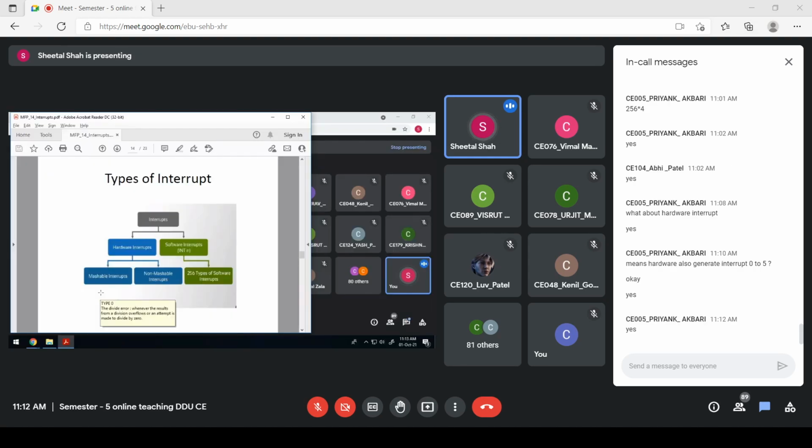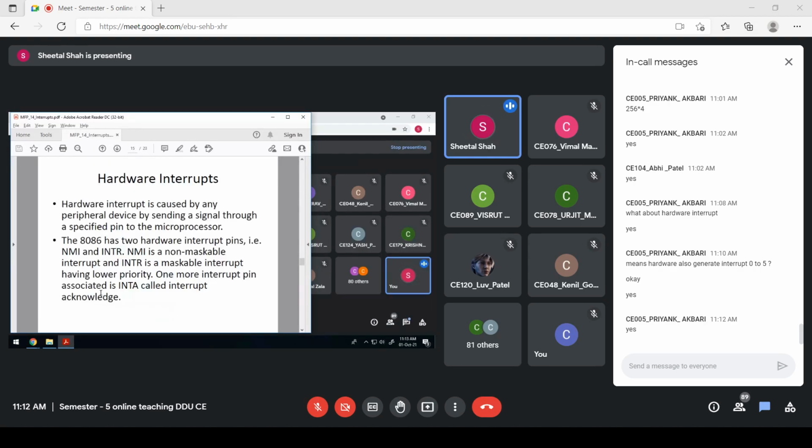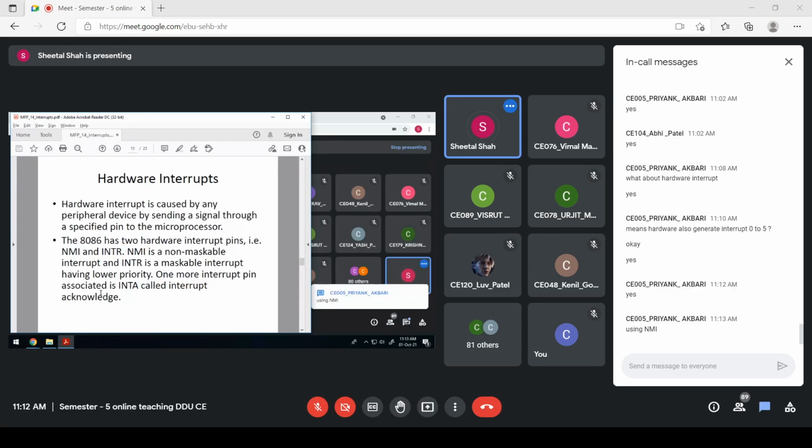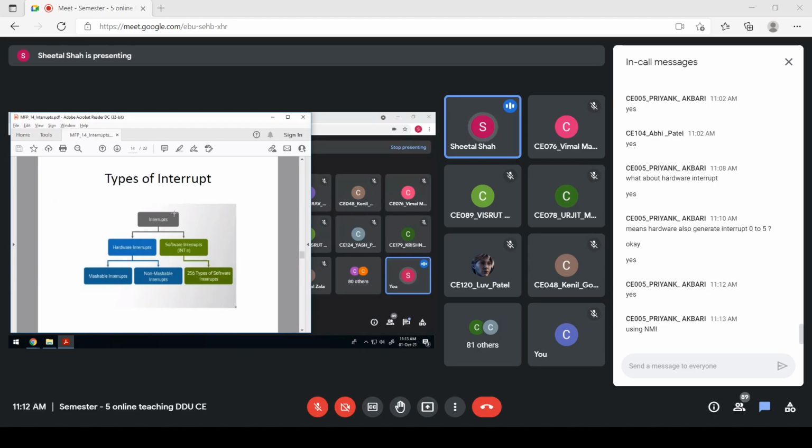How can you mask or disable the interrupt? NMI is a non-maskable interrupt. That means you cannot disable or ignore any interrupt which is generated at this NMI pin.